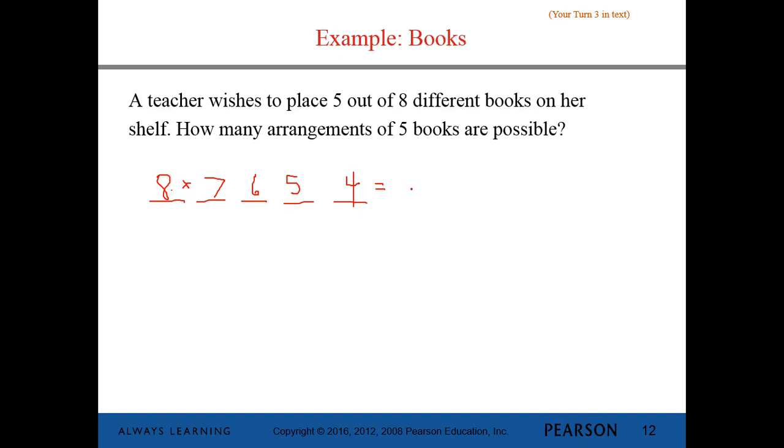what do we get? Well, all we do is multiply. So 8 times 7 times 6 times 5 times 4 is 6,720.